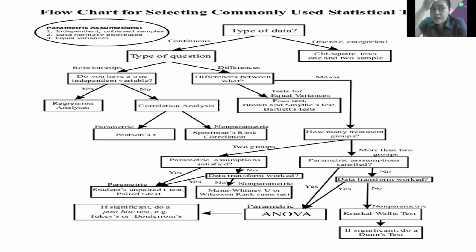And if we have satisfied the parametric assumption stated above, the test for relationship for parametric test is called the Pearson's R. Pero again, if hindi yan na-satisfy kasi yung data mo are categorical o kaya ordinal o kaya hindi normally distributed, you use the non-parametric equivalent, and that is called the Spearman's rank correlation. So this is just getting to know the names of the different statistical tests that we have.